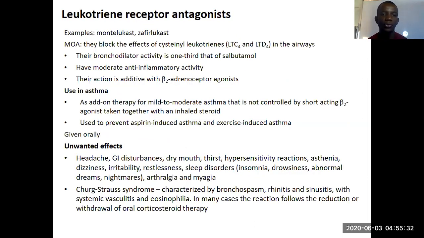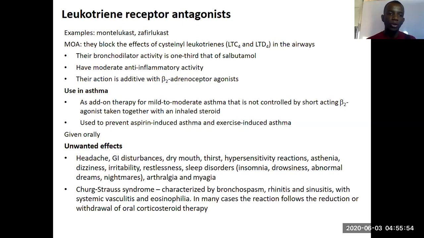Then the other class of drug we have is the leukotriene receptor antagonists. Examples that we can give here are montelukast and zafirlukast. The mechanism of action of these drugs is that they block the effect of the cysteinyl leukotrienes, LTC4 and LTD4, in the airways.